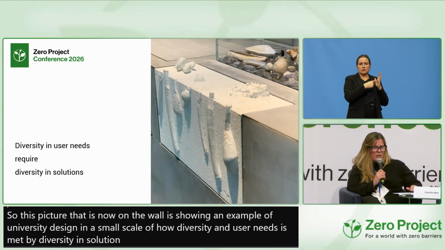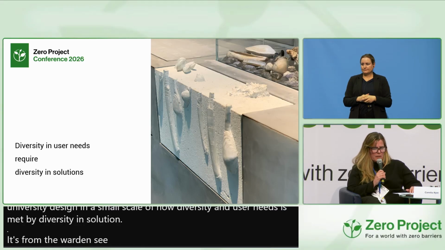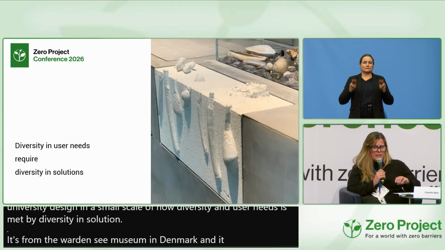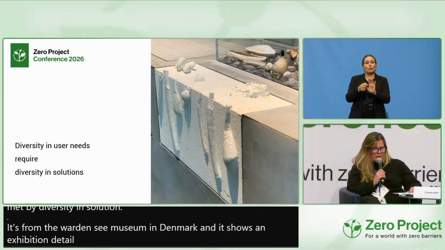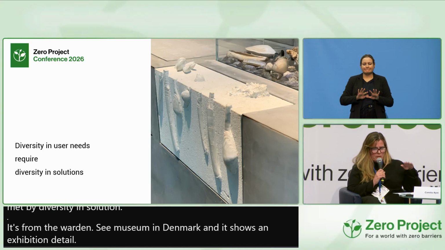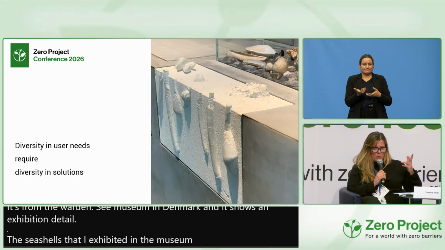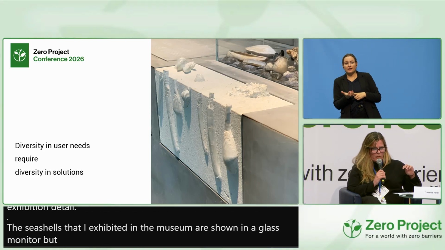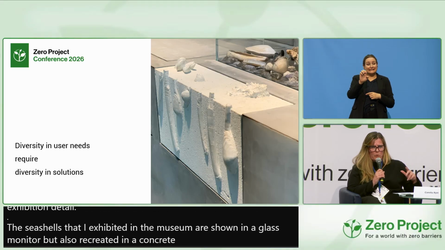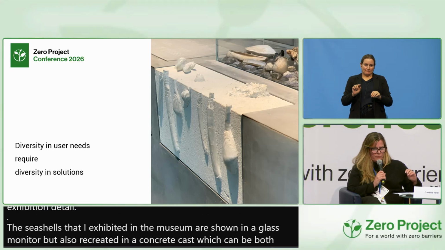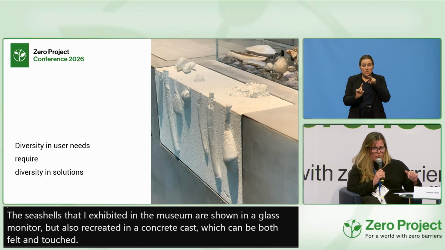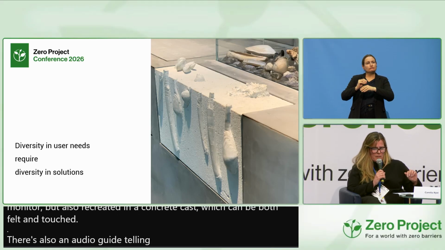It's from the Waddensee Museum in Denmark, and it shows an exhibition detail. The seashells that are exhibited in the museum are shown in a glass vitrine, but also recreated in a concrete cast, which can be both felt and touched. There is also an audio guide telling about the exhibited seashells.